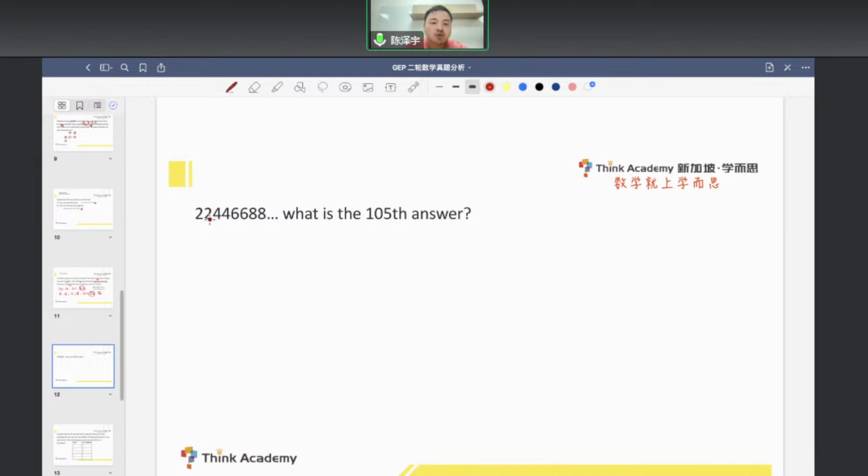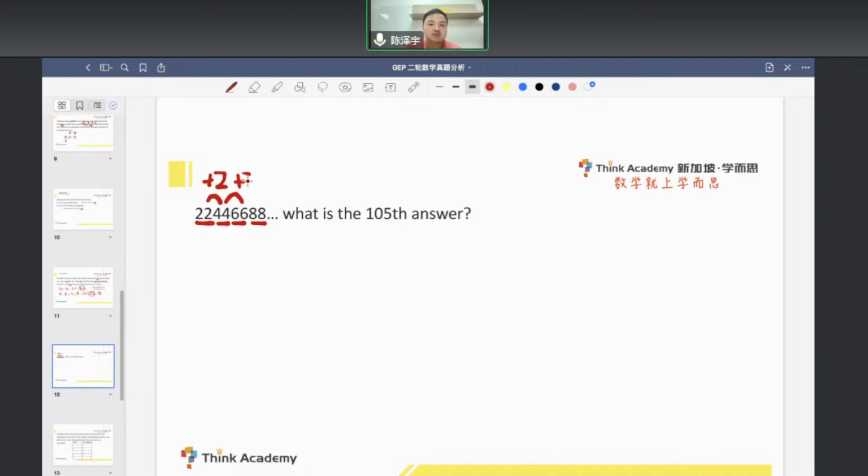We have 2, 2, 4, 4, 6, 6, 8, 8, and so on and so forth. What is the 105th answer? As you can see, this is all the even numbers in pairs. Every time you have 2 numbers in one group, and every time you go to the next group, you add 2.